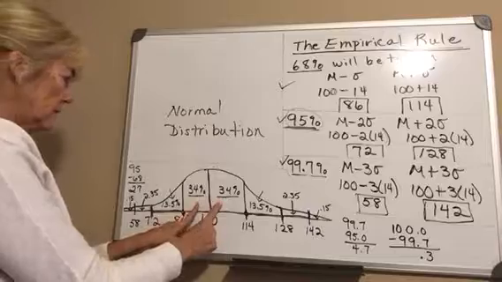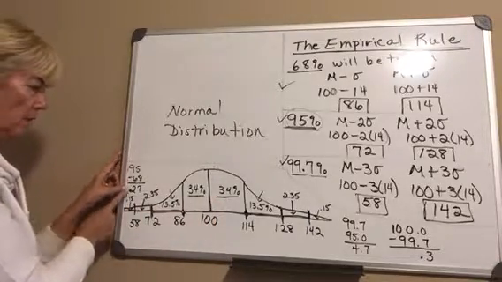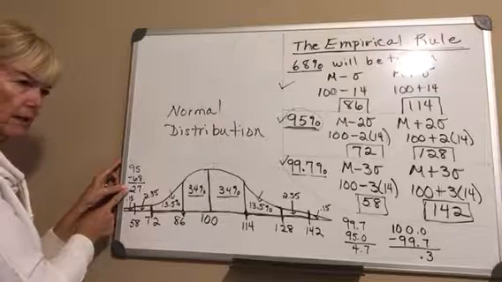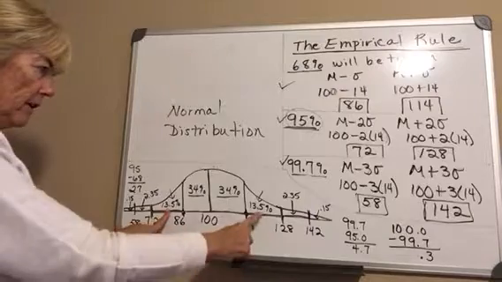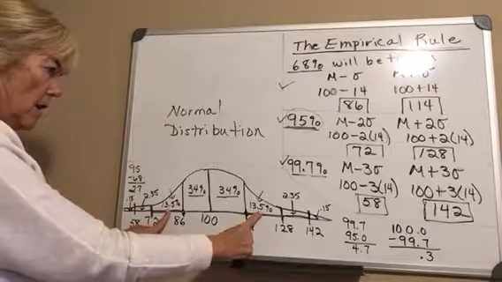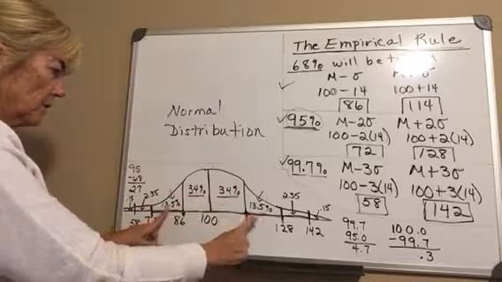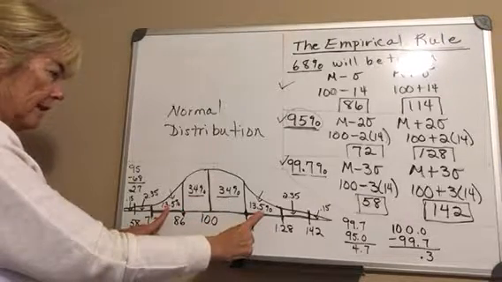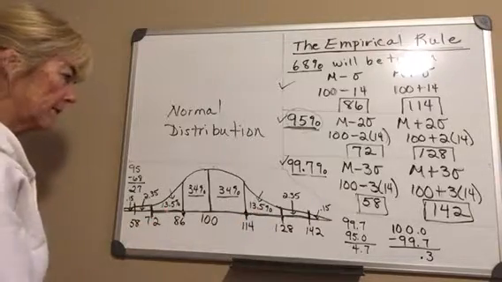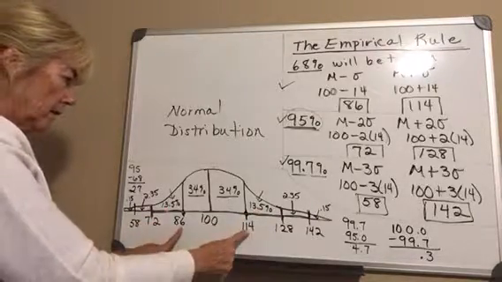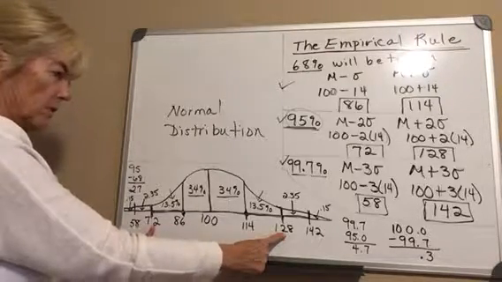If you take the 68% away from your 95%, that gives you 27%, and if you take half of 27, you get 13.5 and 13.5. So these numbers never change. This 34 stays. This 13.5 does not ever change for a problem. But what is different for every problem is the mean, one standard deviation away from the mean, and 2 standard deviations away from the mean.